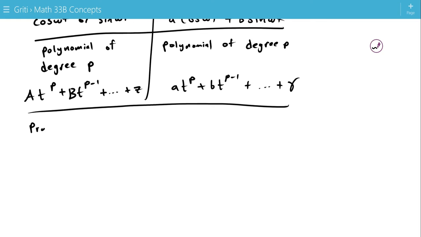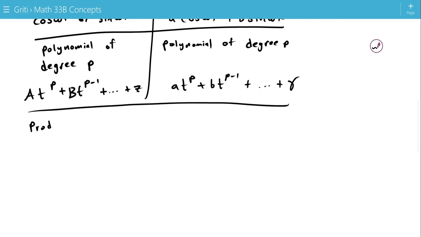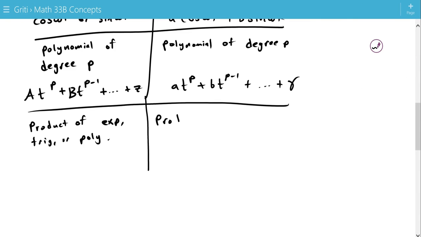Now if we have a product of exponential functions, trig functions, or polynomial functions, our trial solution is going to be the same kind of product of arbitrary exponential, trig, or polynomial.